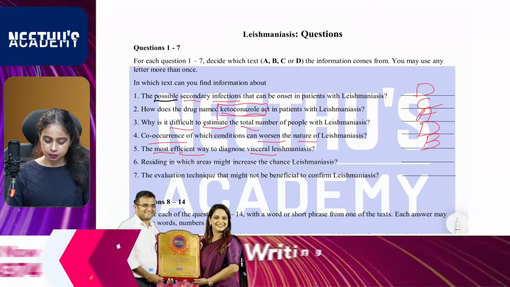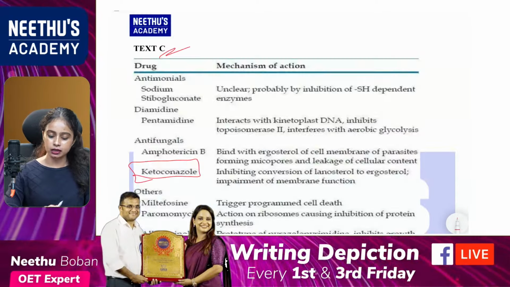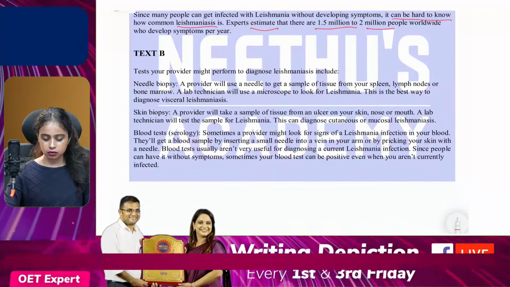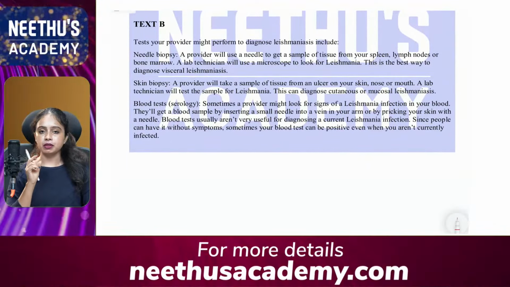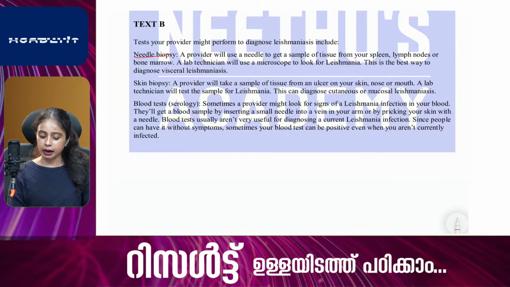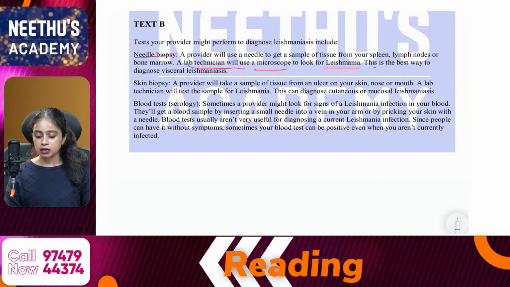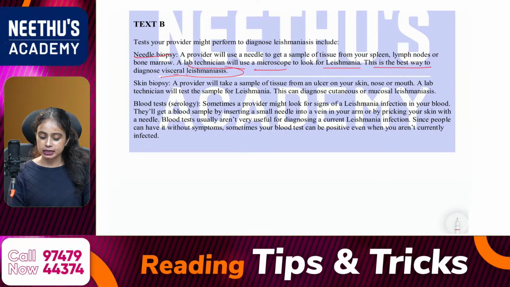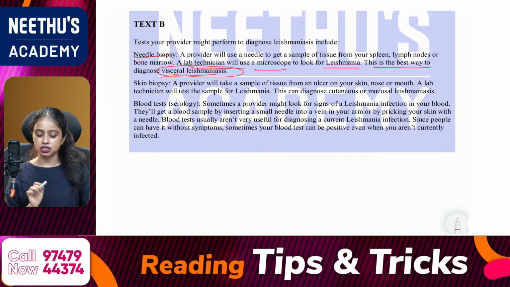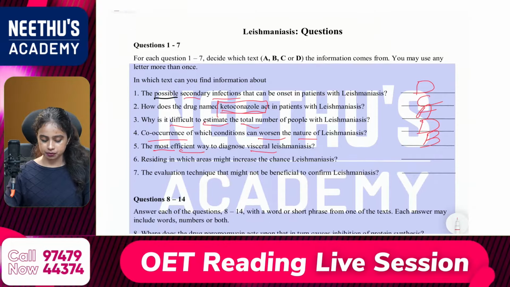Reba, yes, text B. So where is it mentioned in text B? Visceral leishmaniasis in text B. From the first biopsy, that is needle biopsy, see the last line, a lab technician will use a microscope to look for leishmania. This is the best way to diagnose visceral leishmaniasis. So our answer is B.